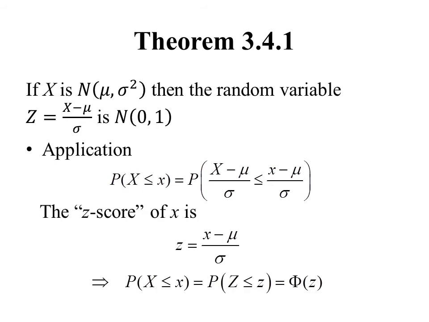That number we give a special name. We call it the z-score of x. We define that to be z equals x minus mu divided by sigma. And so what we can say is that the probability that X is less than or equal to x is equal to the probability that Z is less than or equal to z. Then I can easily find this probability using table C1, just like we did in the previous example.